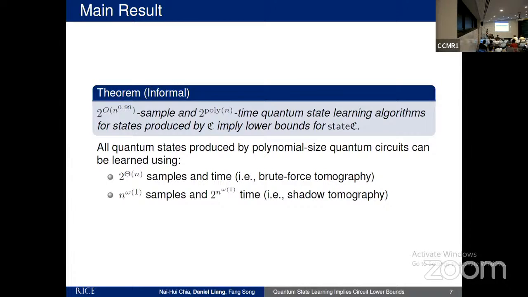So if you can reduce either the time or the sample complexity of brute force tomography, or reduce the time of shadow tomography even just a little bit, you'll imply some interesting non-trivial circuit lower bounds. And I should emphasize that 0.99 is not specific; it's just some concrete number that's less than 1.